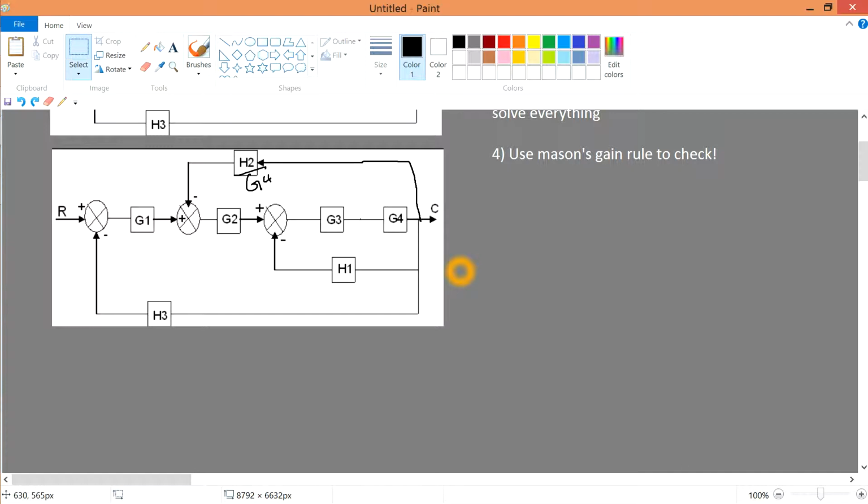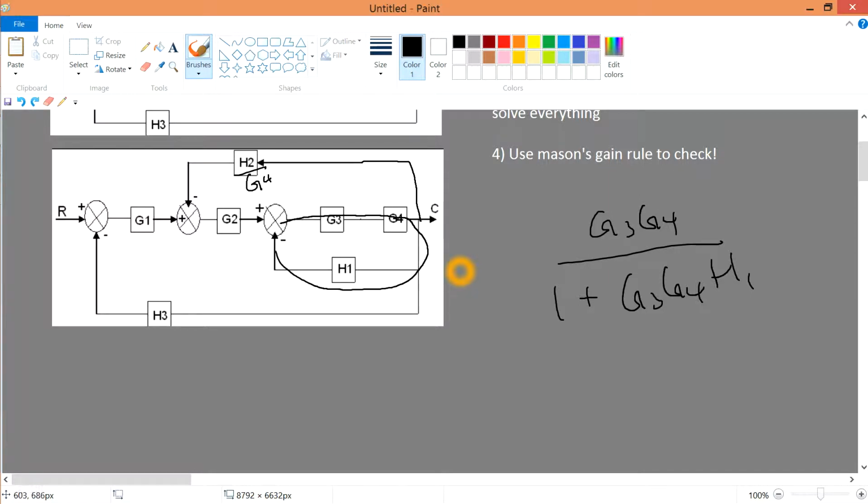If I solve this first, G3 G4 is the forward loop, divided by 1 plus G3 G4 H1. So the numerator is just the forward path, while the denominator includes everything. You have the 1 plus something. This is the rule. If you don't know anything about it, please watch the video.